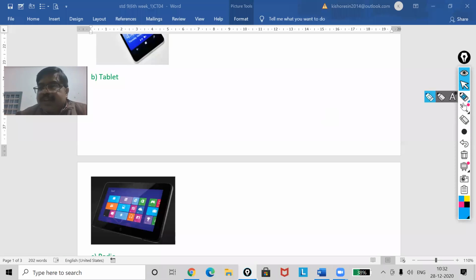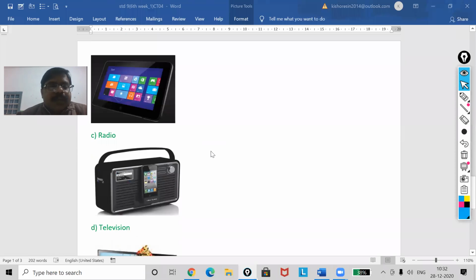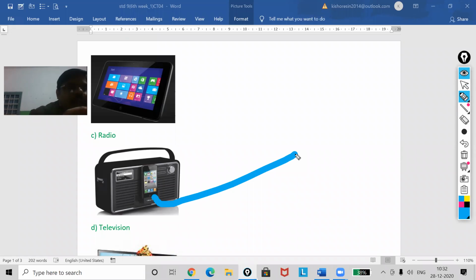Now, the next one is the radio. So, what is radio? Radio is a wireless device that receives signals in the form of electromagnetic waves. Which form? Electromagnetic waves. Now see, students, how this also can be part of ICT, because it is beneficial for sending information to those areas where communication is not available.